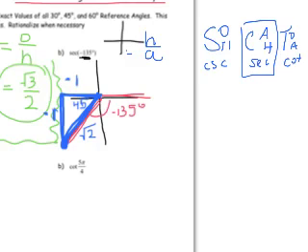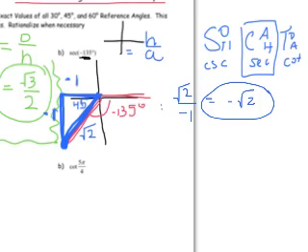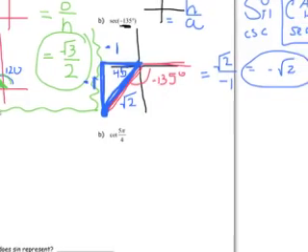So my h is √2, my a is -1. So √2 over -1. I don't like answers with negatives in the denominator, so I'll say -√2. All right, let's keep going.